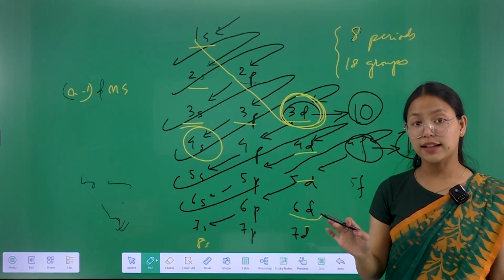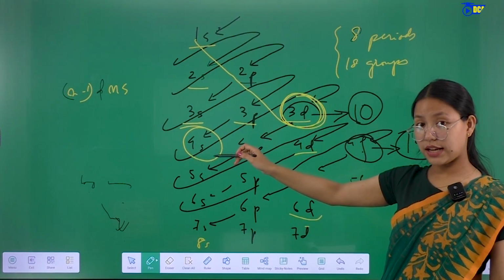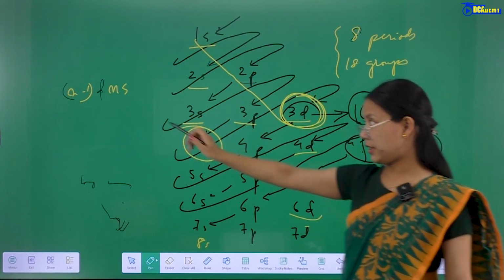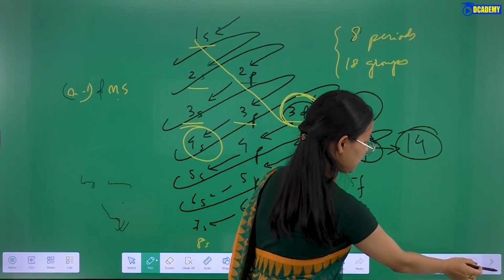It is 4 minus 1, right? That means n minus 1 d and ns. I think you might understand this one.